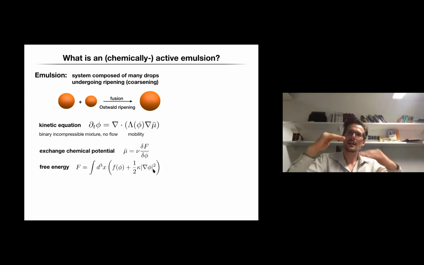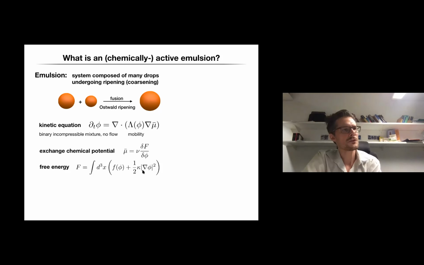And when you think about coexisting phases, there's always an interface in between, and it costs energy to create these kinds of gradients. Thus, it's intuitively clear that this penalty parameter, which tells you how much free energy you have to pay to create a certain gradient, is also linked to the surface tension, because the surface tension tells you how much energy is in an interface.